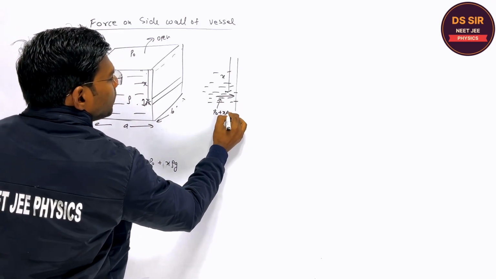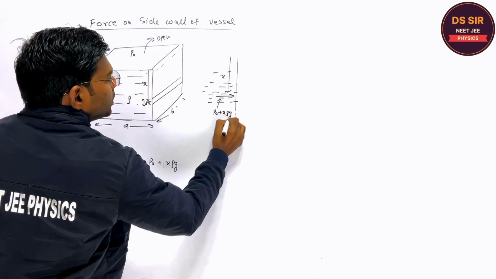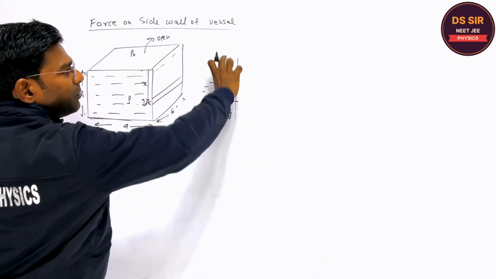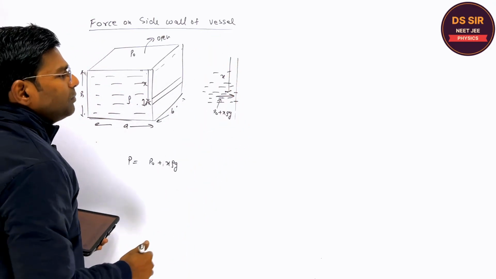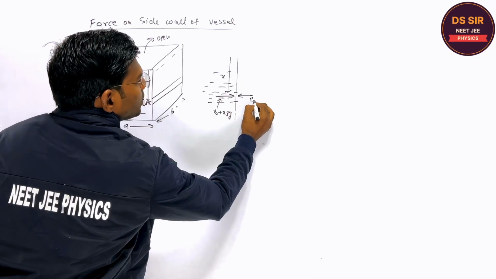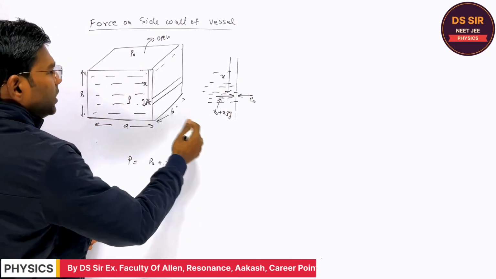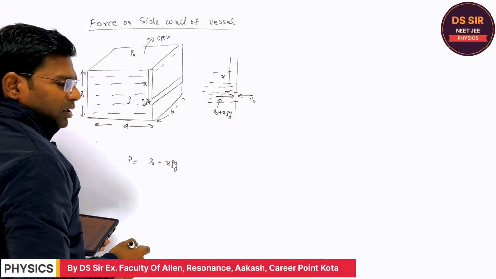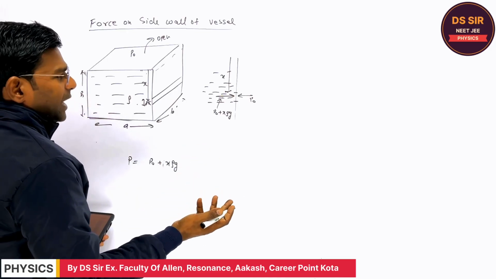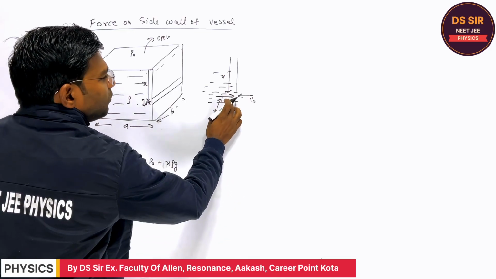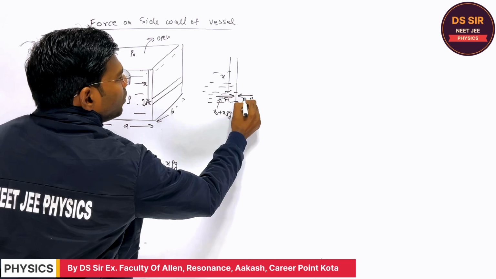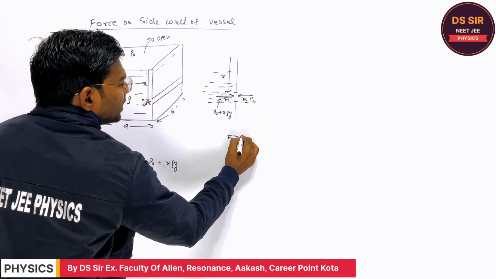P naught plus x rho g. P naught is due to the atmosphere, plus x rho g due to this column, and outside also the pressure is acting because the other side is also the atmospheric pressure. So therefore F1 and F2 are acting, and F1 will be greater than F2.